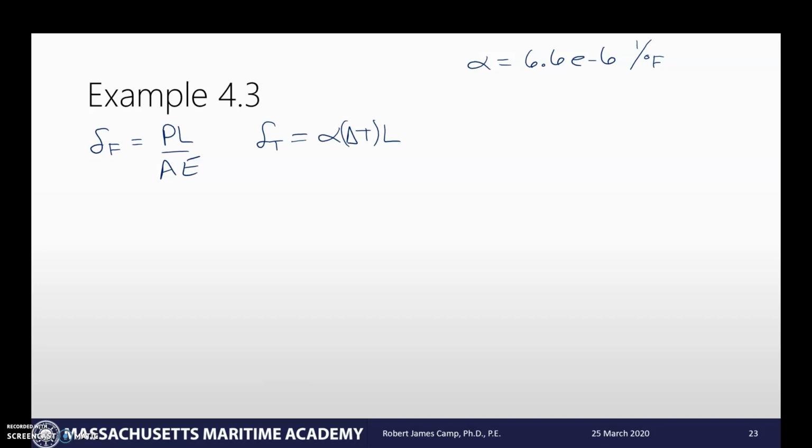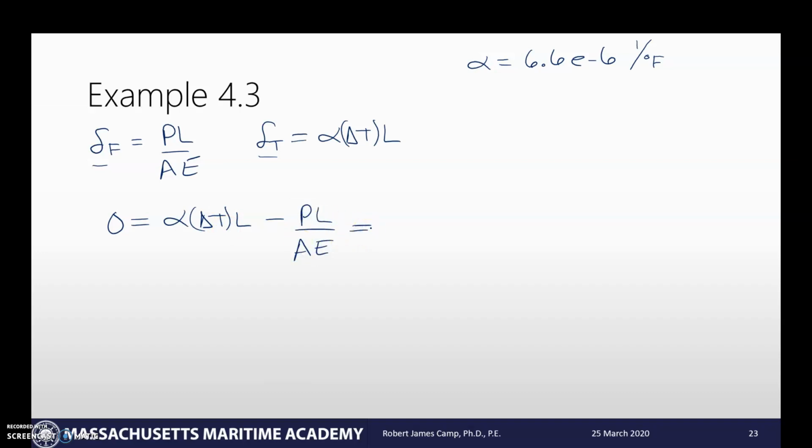So once again, I know that thermal deflection minus the force deflection has to be equal to 0. So 0 is going to equal alpha delta T L minus PL over AE.